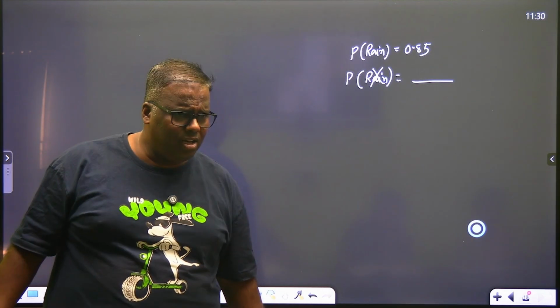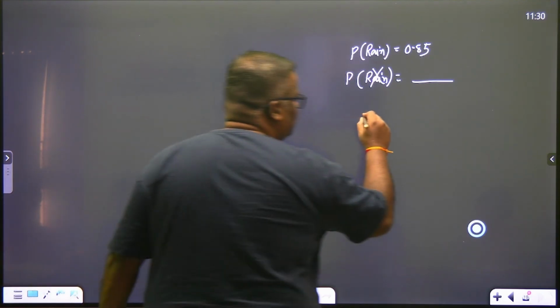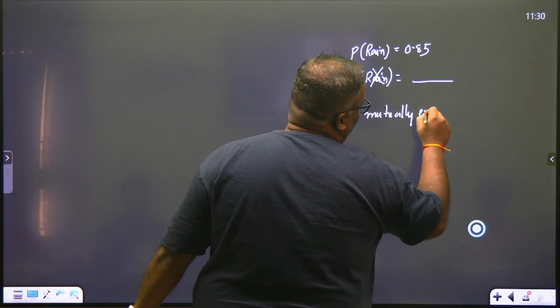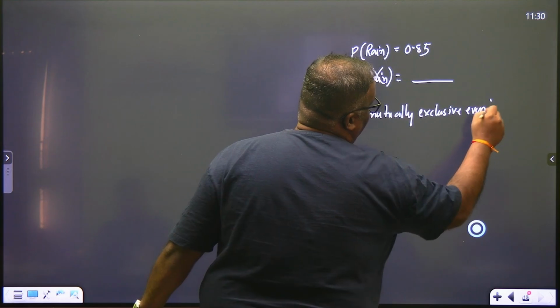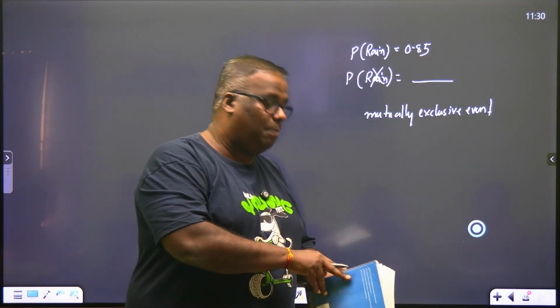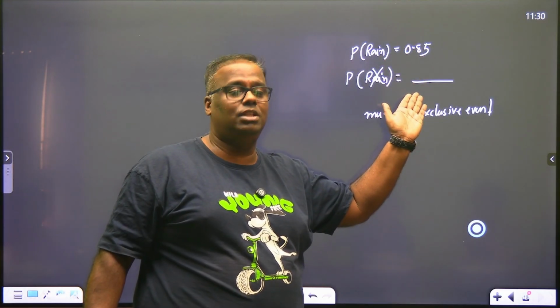Either it will rain or it will not rain. Such things in higher class you will study are known as mutually exclusive events, which means happening of one automatically means not happening of the other.